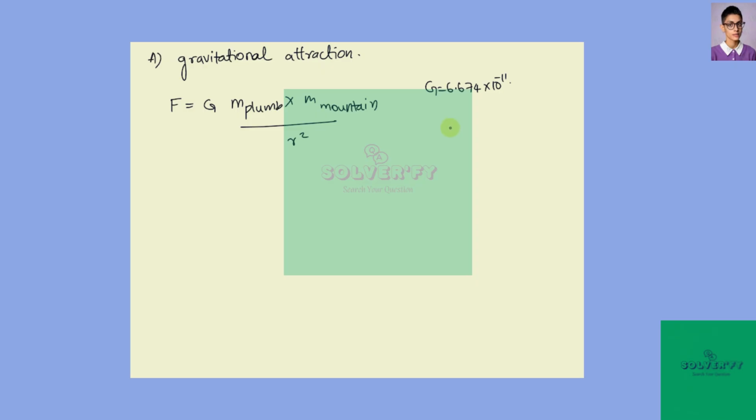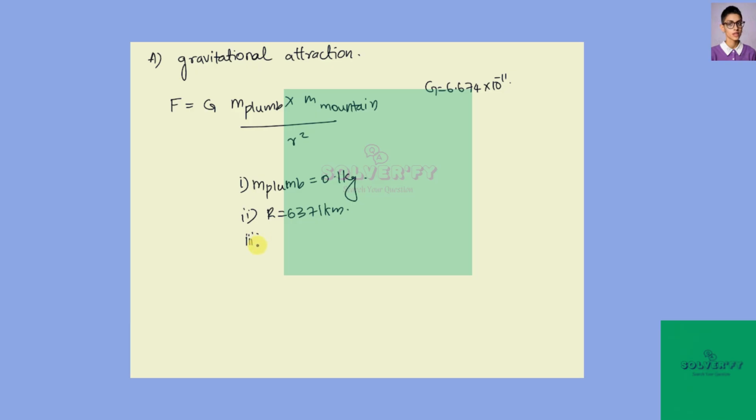Now let's make some approximations and assumptions. First, we will consider the plumb bob to have a mass of about 0.1 kilogram and the radius of the earth is 6371 kilometers.